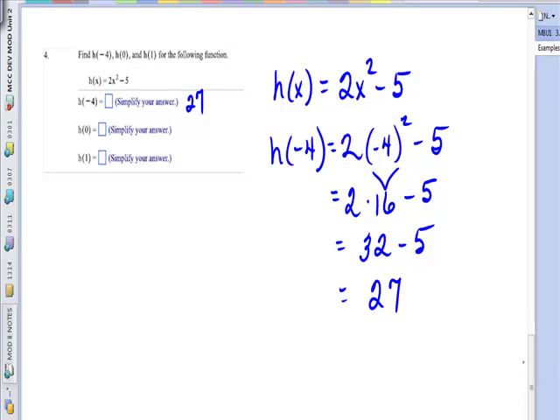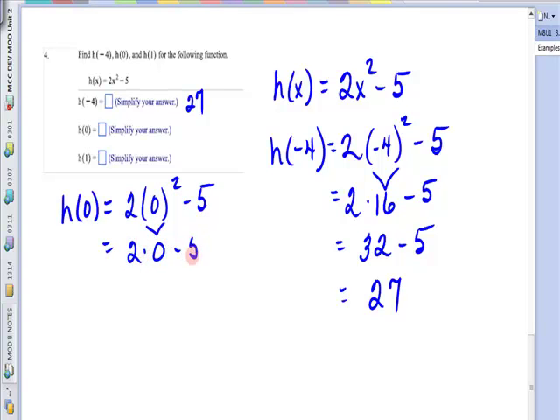If I do the next one, it says what's h of 0? Well, that's going to be 2 times 0 squared minus 5. 0 squared is 0. 2 times 0 is 0. And 0 minus 5 is negative 5. h of 0 is negative 5.